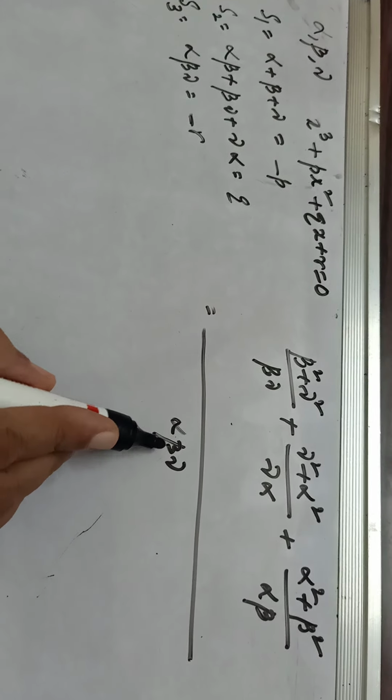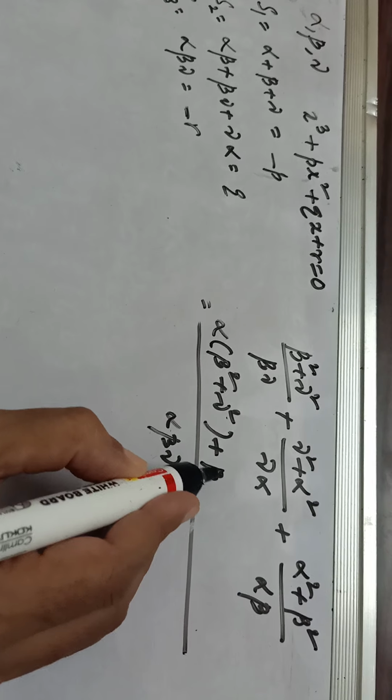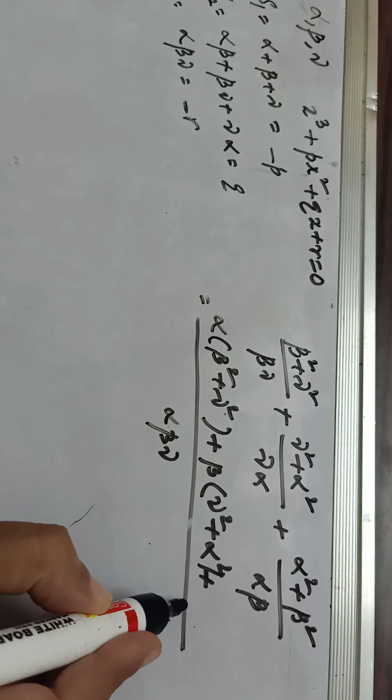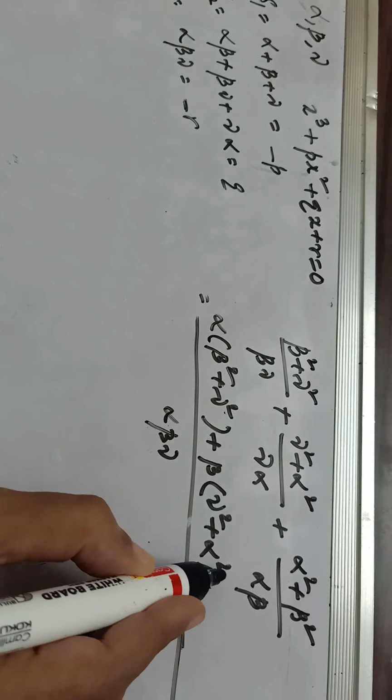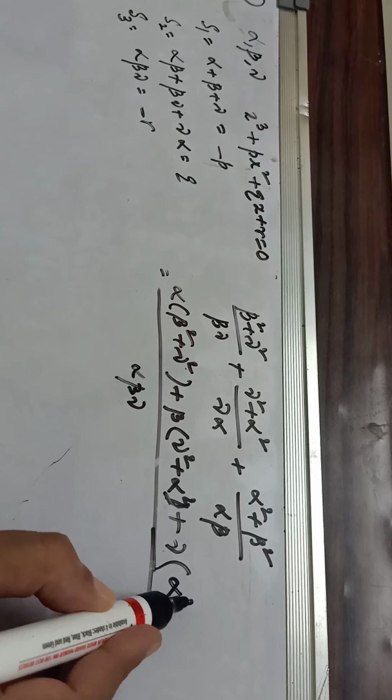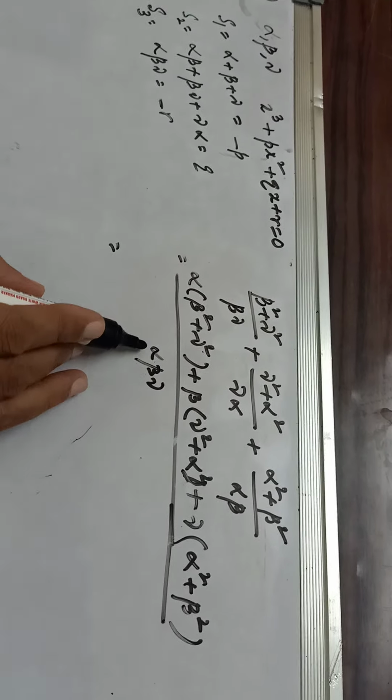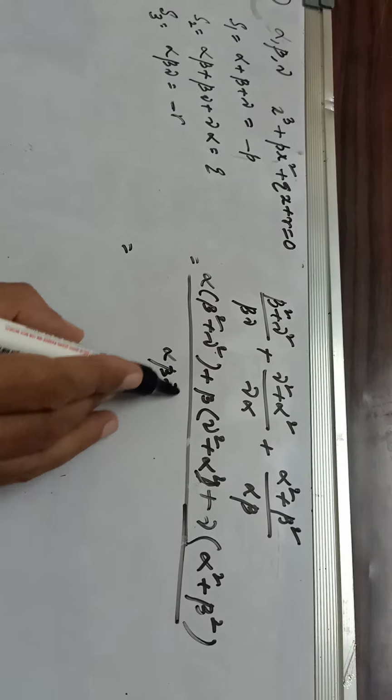Alpha into the numerator beta square plus gamma square, plus here beta will be the quotient into the numerator gamma square plus alpha square, plus, if you divide this by this, gamma will remain, gamma into alpha square plus beta square. Now this value is available with us. This is nothing but S3, that is minus r. So 1 by minus r, that I want to write in the beginning.